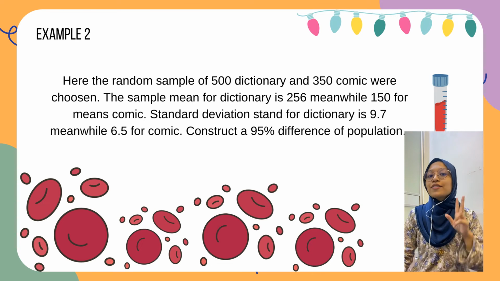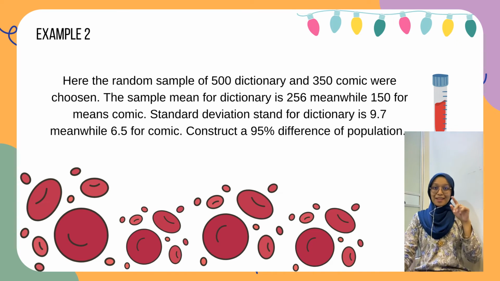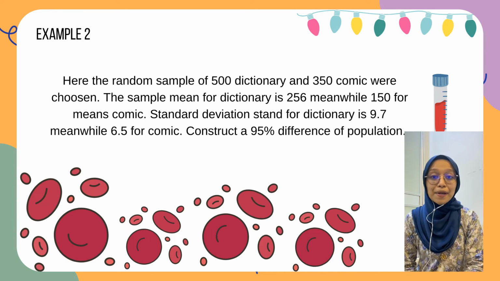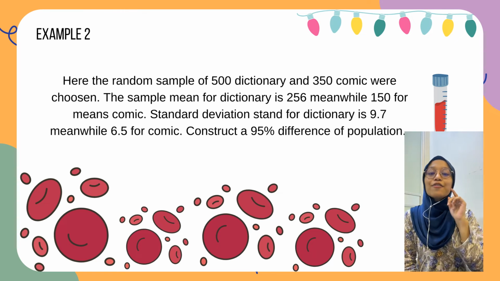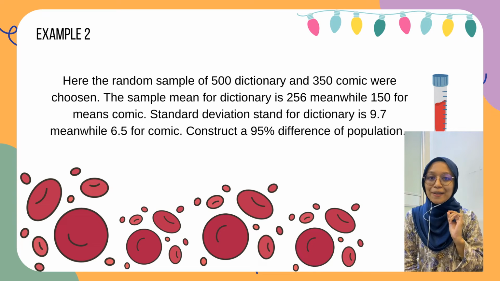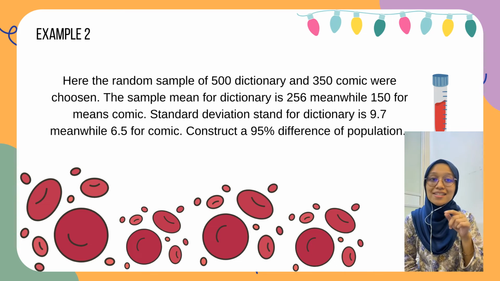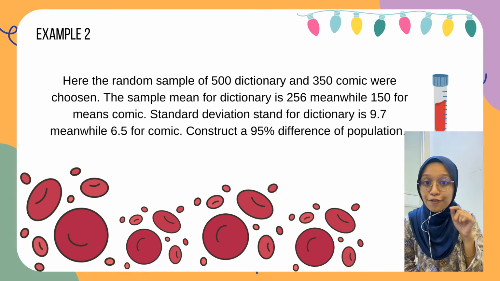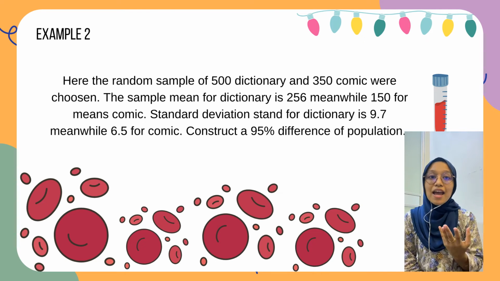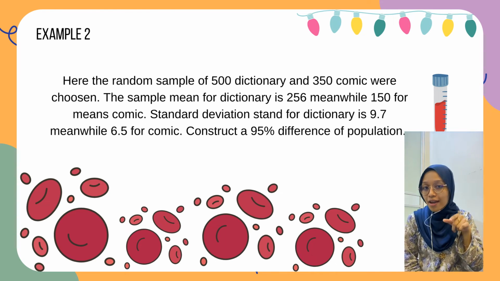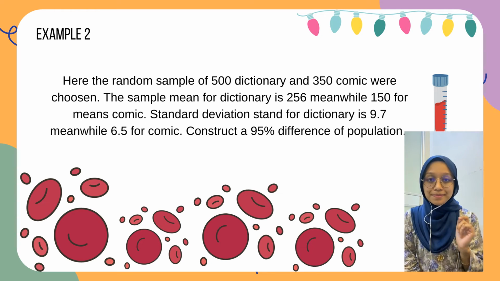Here is the second example for case 3, where n is greater than 30. A random sample of 500 dictionaries and 315 comics were chosen. The sample mean for dictionary is 256, meanwhile 115 for comic. The standard deviation for the dictionary is 9.7, meanwhile 6.5 for comic.